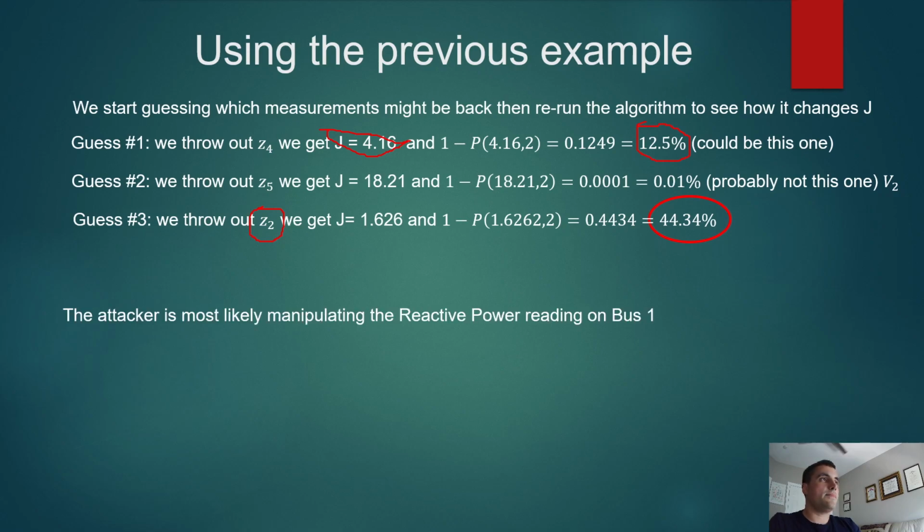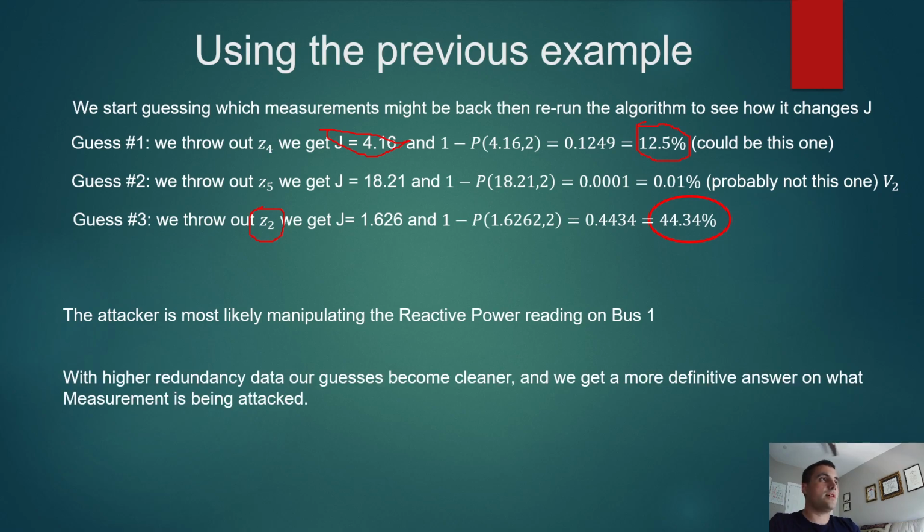So this tells us that the attacker was most likely manipulating the reactive power reading on bus 1.